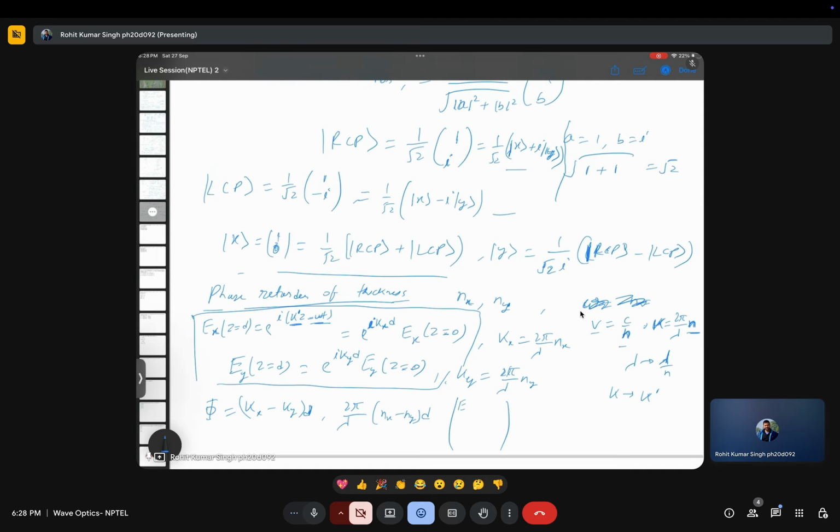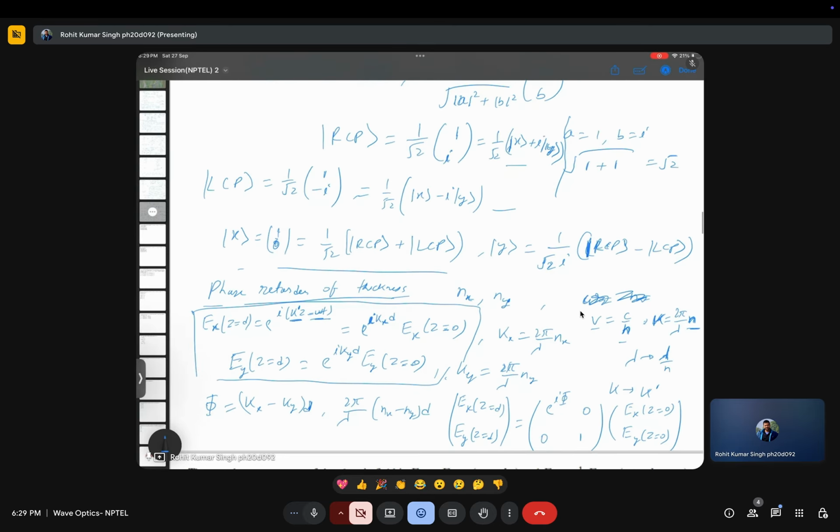This 2 cross 1 matrix of ex at z equal to d and ey at z equal to d is equal to the 2 cross 2 matrix, e to the power i phi, 0, 0, 1, times ex at z equal to 0 and ey at z equal to 0. So this equation I have written in matrix form. You can check it by multiplying these two matrices.